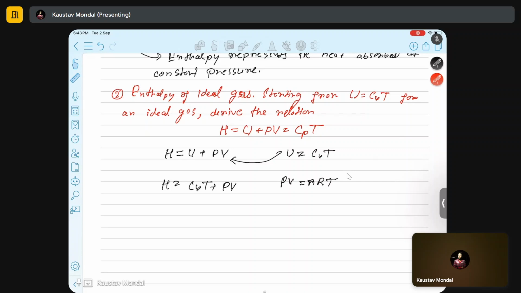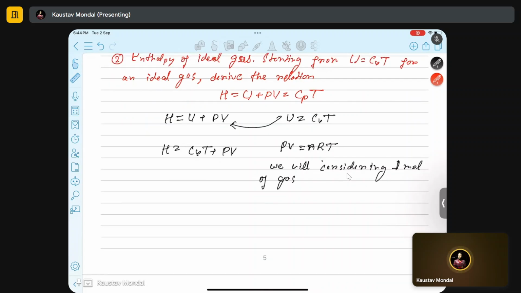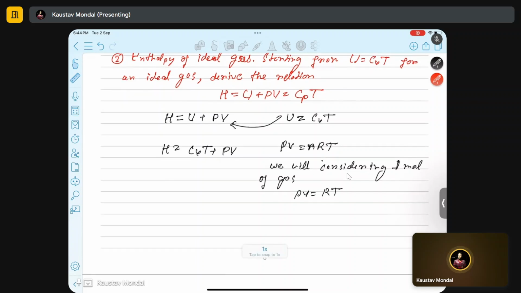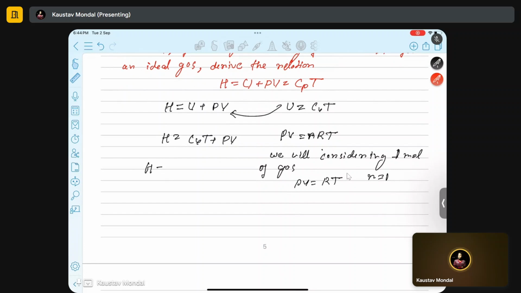Let's consider we will be considering 1 mole of gas. So that means the PV will become simply equal to RT. The n is becoming 1 here. So H will now become CVT plus PV, you can write now as RT.